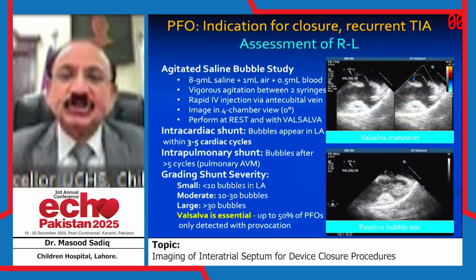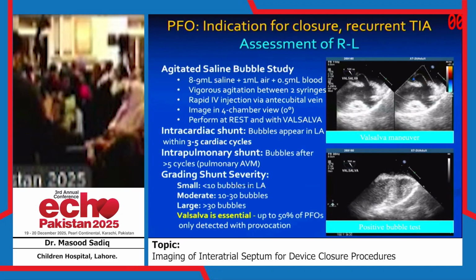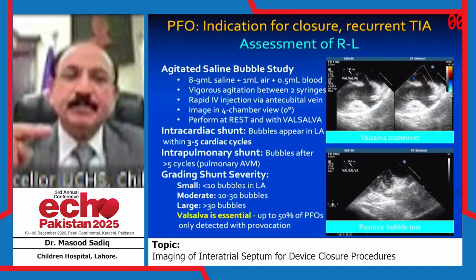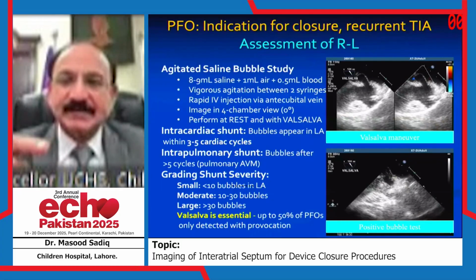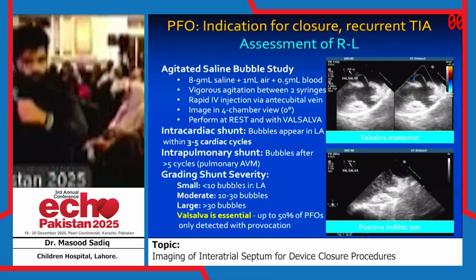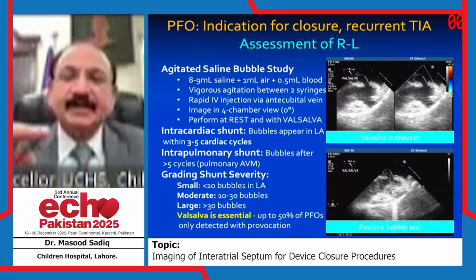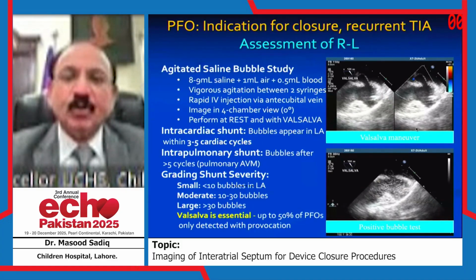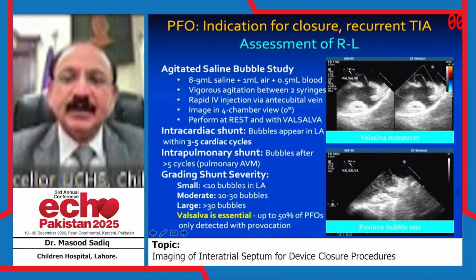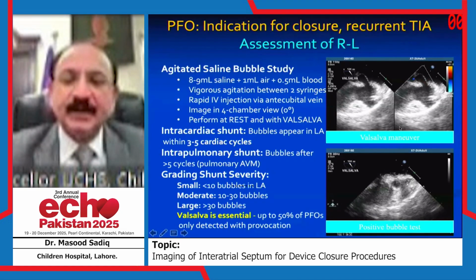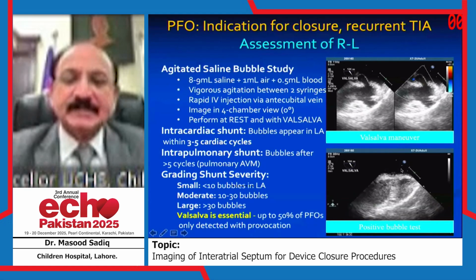For detection of PFO, assessment is crucial. Two important contexts are the Valsalva maneuver and what we call the agitated saline bubble study, and I'm showing both on the right of the screen. You can see the Valsalva maneuver showing right to left shunt over here, and this is a classical bubble study. You can see bubbles going onto the left side as well.